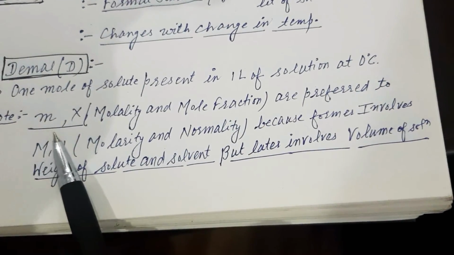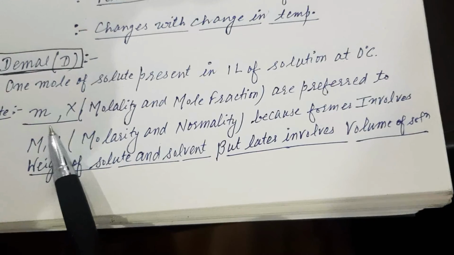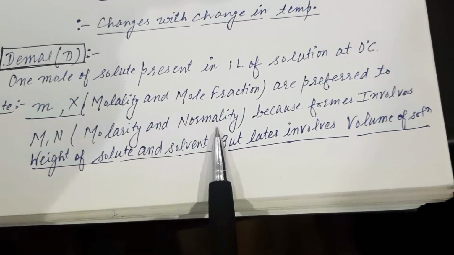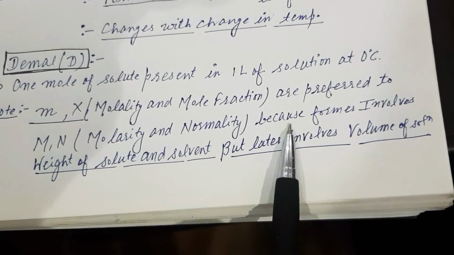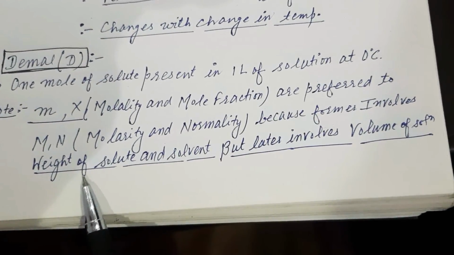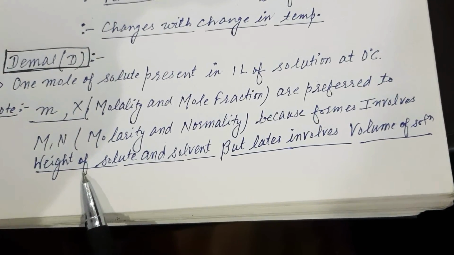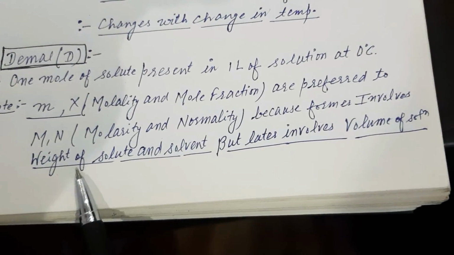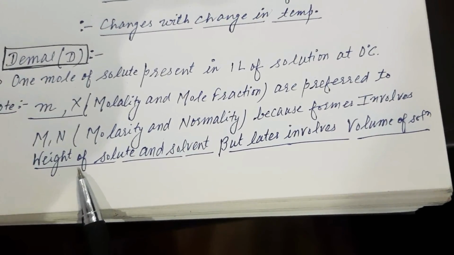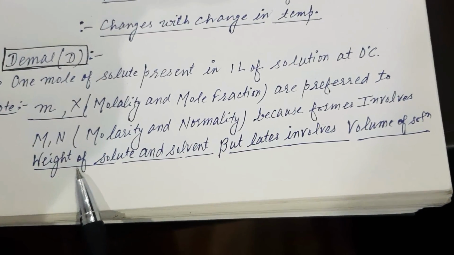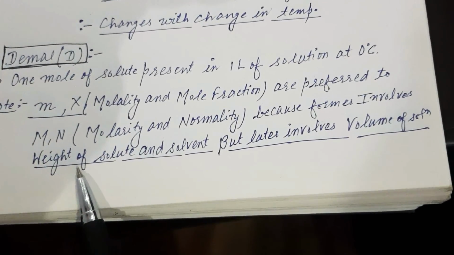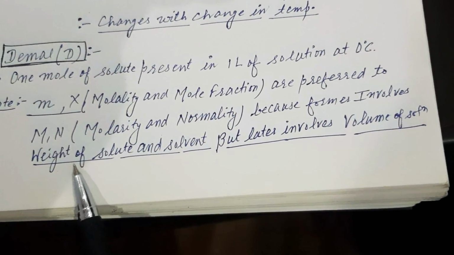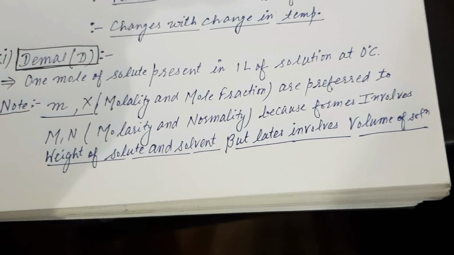Note that molality and mole fraction are preferred to molarity and normality because the former involve weight of solute, that is, we can say mass of solute and mass of solvent, but the latter involve volume of solution, because volume is a temperature dependent parameter while mass or weight is a temperature independent parameter. So we give preference to molality as compared to molarity in case of concentration terms.